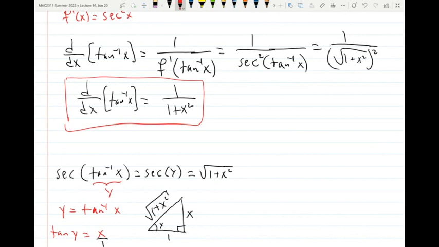I'm going to show you next time how to find this directly instead of having to use that formula. Because if you forget the formula, you could also get away from this if you use identities. Another way to do that is to recognize what you know about secant squared. So recall secant squared of theta equals tangent squared of theta plus 1, right? So you could put here that this is your theta, inverse tangent.